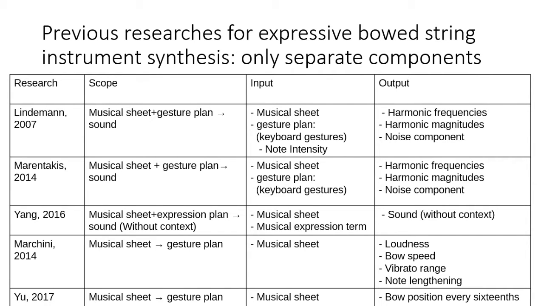This is because for violin, we have continuous excitation, more various timbre, and more various expressive gestures. So previous research on expressive bowed string instrument synthesis only covers separate components, like producing sound from gesture plans, and producing gesture plans from musical sheets.